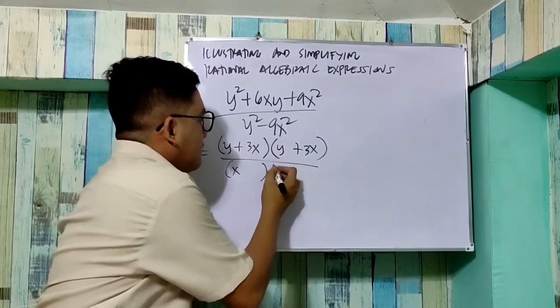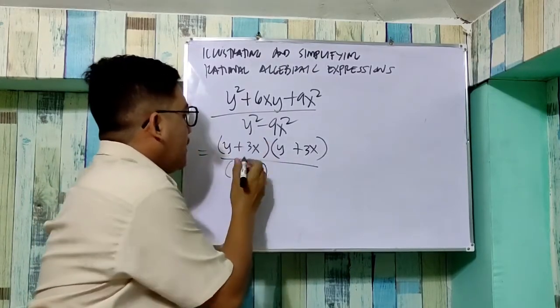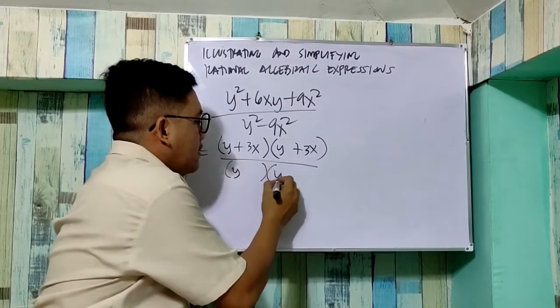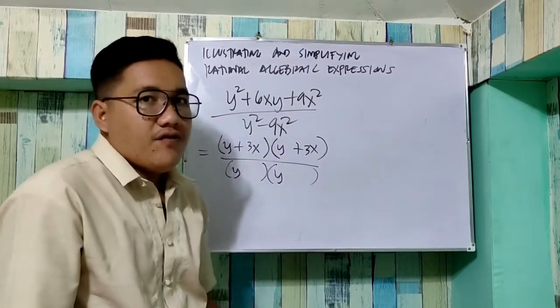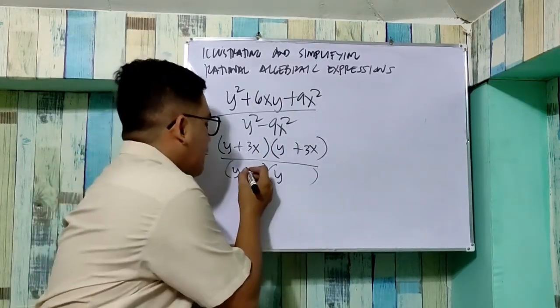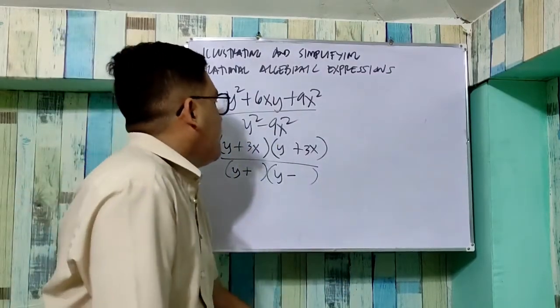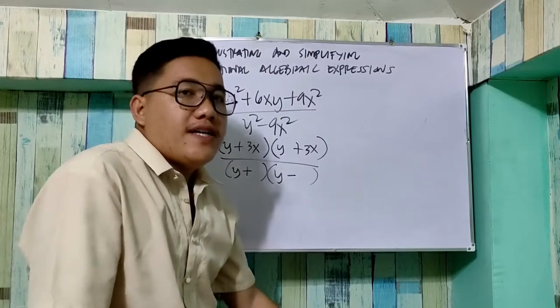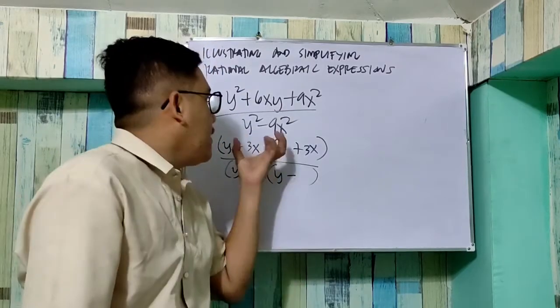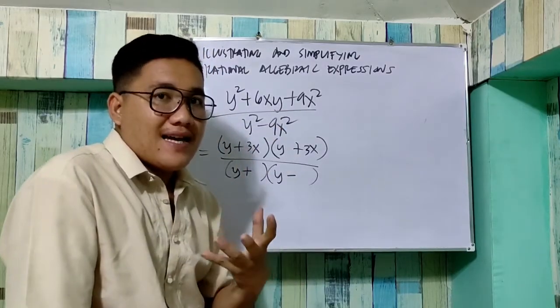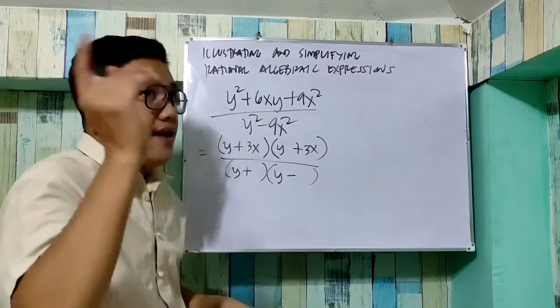Factor ng y squared, that is y and y. Since negative, isang positive, isang negative. Since we have here 9, ano ang factor ng 9 na pwede maging 0 kasi wala tayong middle term, that is 3 again. 3 minus 3, that is 0.